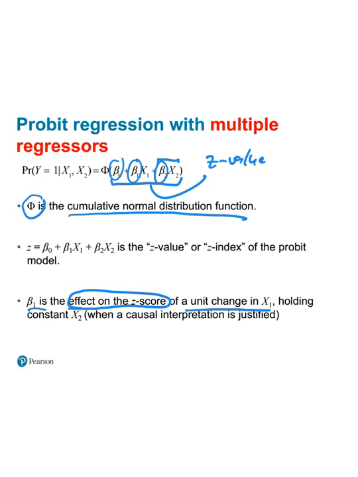We're not going to say that changing x1 by 1 unit has beta 1 change on our probability. We're not going there. We first have to go to our cumulative normal distribution function table before we can actually assess what it's actually doing. Okay, so right here, we don't have anything really important changing, but it's good to just see how this might be modified with multiple regressors.